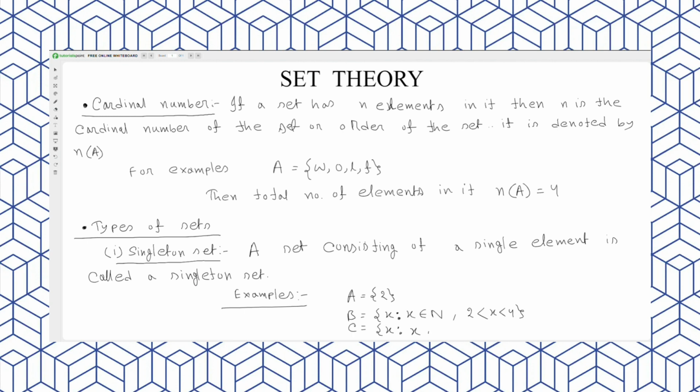Obviously there will be one number, which is 3. And the last one is {x such that x is the capital of India}, and we all know that is Delhi. So it is also a singleton set. The cardinal number of a singleton set is 1.